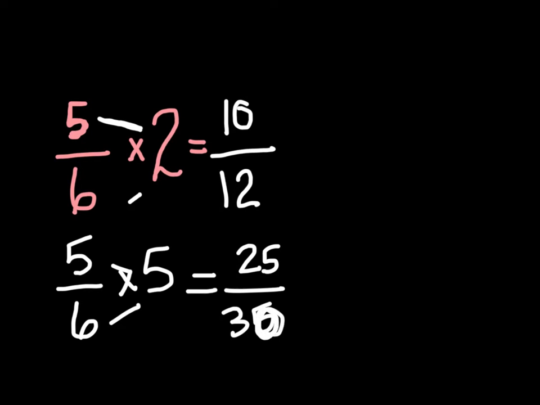So an equivalent fraction to 5/6 could be 10/12 or 25/30ths. The really cool thing about equivalent fractions is that you can literally multiply by anything to make an equivalent fraction, as long as, again, you multiply your numerator and your denominator.